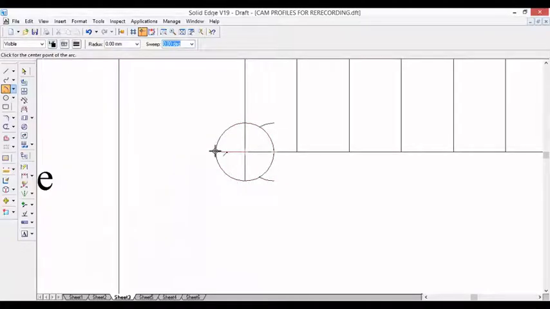Now keep the compass at this point, take radius 5.57 and cut an arc.